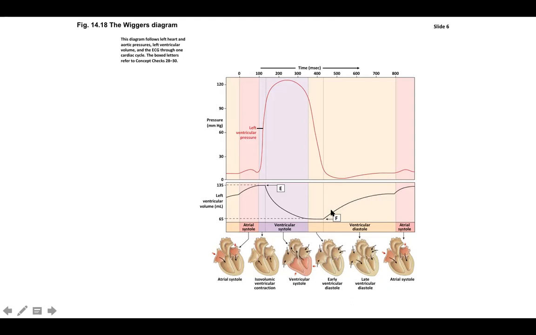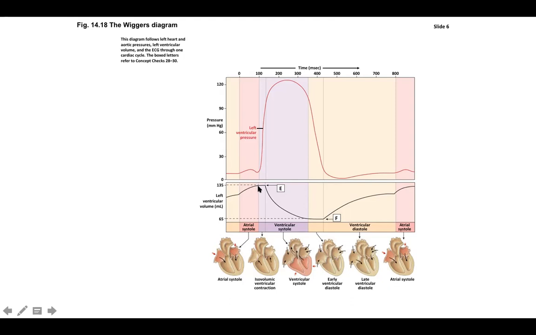There's a couple of little points here, point E and F. So you can see that E is that maximum amount of blood that's in the left ventricle. That should be at this point here. It's the same volume as where they have it located.